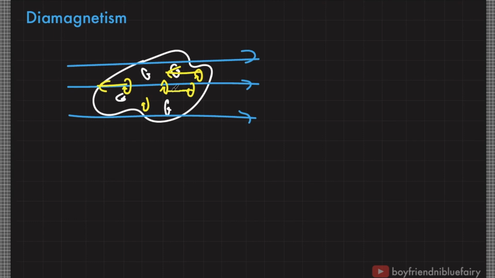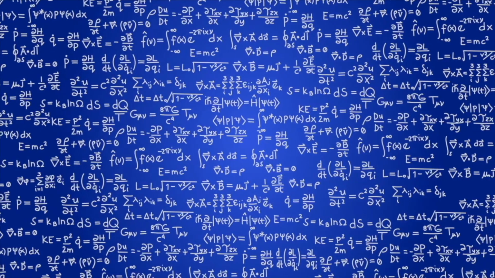So diamagnetic materials repel the external magnetic field. That's why they are magnetic materials with negative magnetic susceptibility. Examples of such materials include diamond, lead, copper, etc.